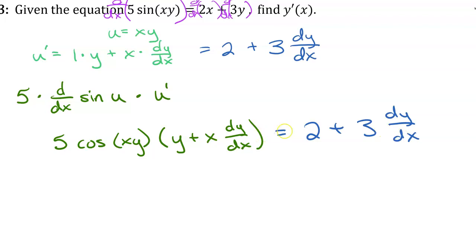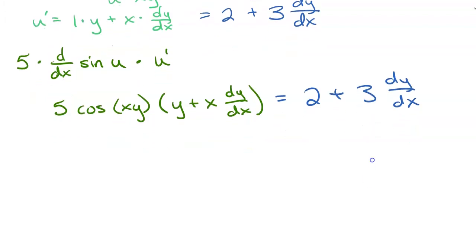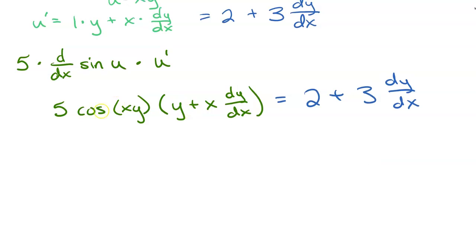And we have dy/dx on both sides of the equation. So just like if we were doing the same thing with, let's say, z, and we had that on both sides of the equation, we would do the exact same thing for this case. So the first thing that I would do is distribute my left side.